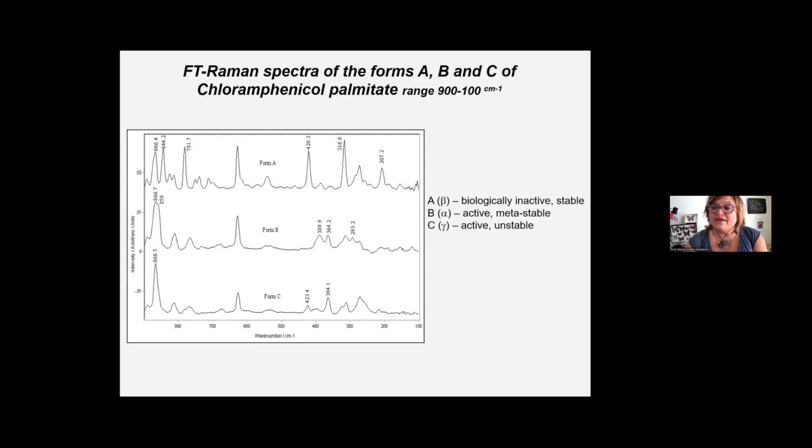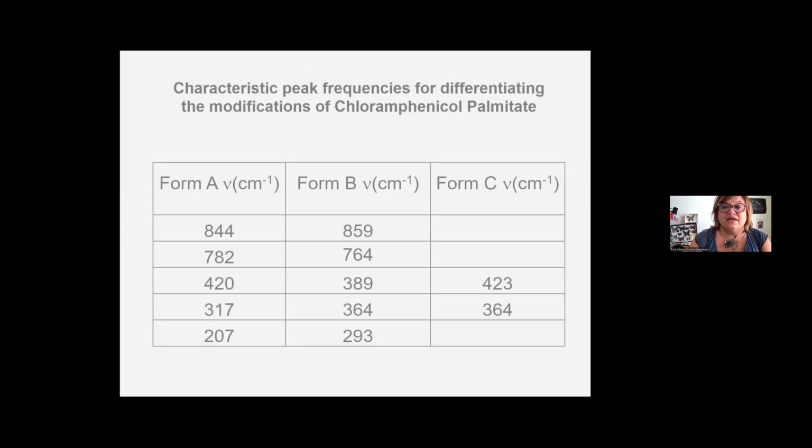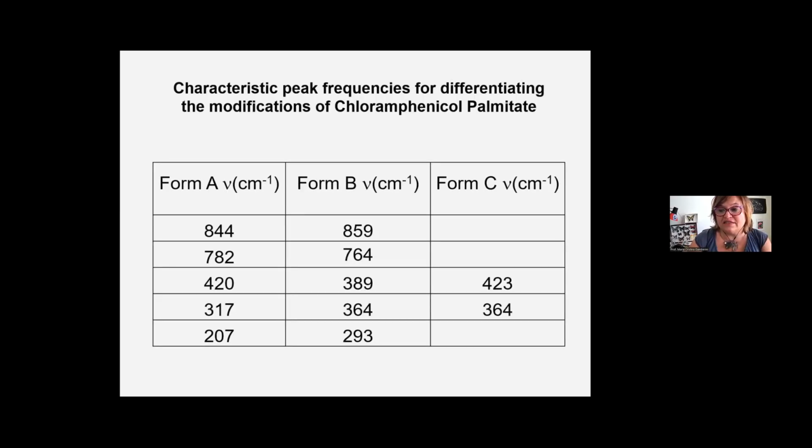So form A is inactive and then active, and see what we have categorized with the Raman spectroscopy. Raman spectroscopy is like IR, but the bands go from down to up, and we have categorized the bands. It means that these bands we have categorized because they are connected with the ligands like IR.